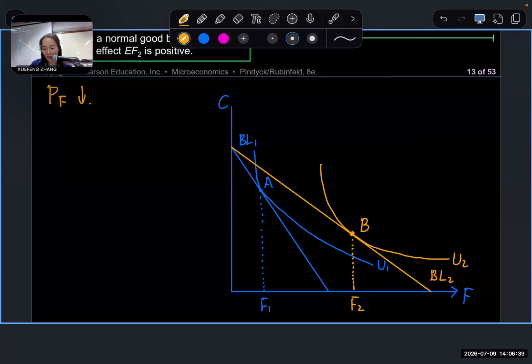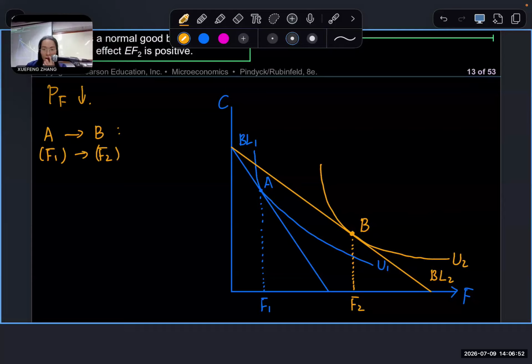So from A to point B, or F1 to F2, this is the total effect, right?